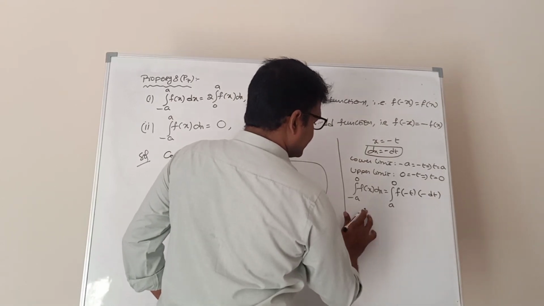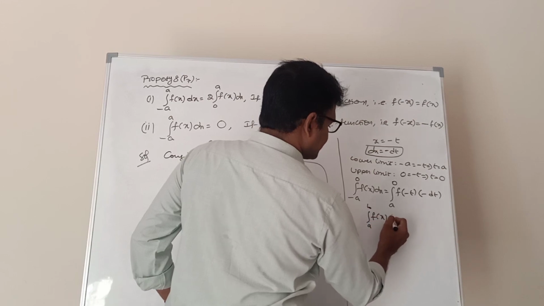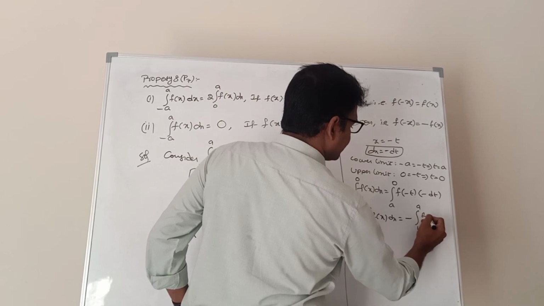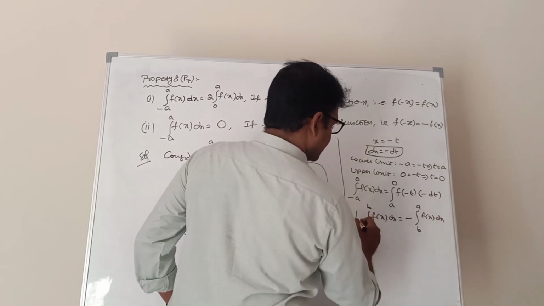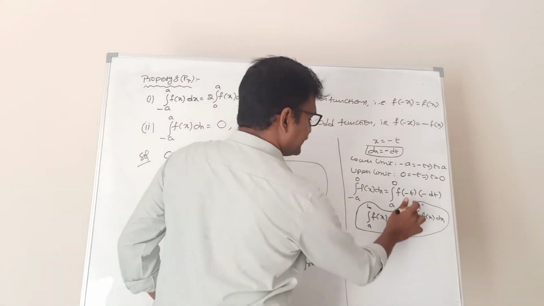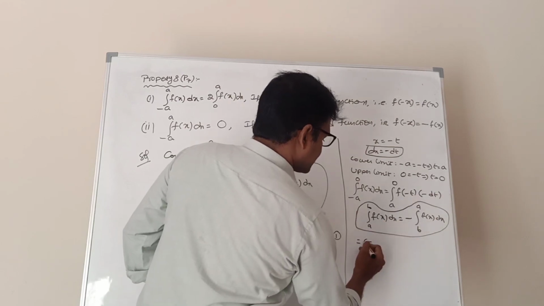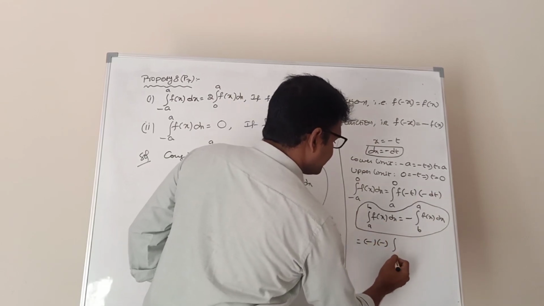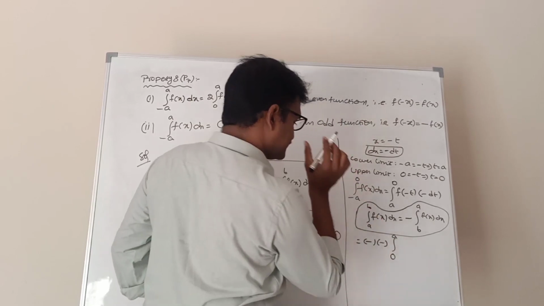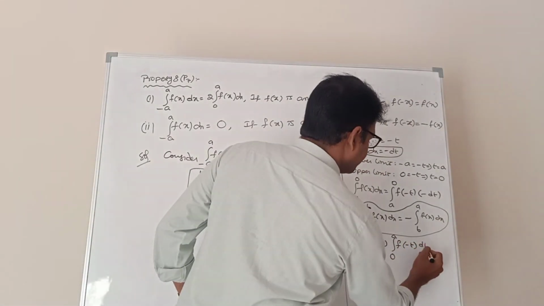We know that according to the second property, the integration of a to b f of x dx is equal to minus of b to a f of x dx. If you interchange the upper limit and lower limit, a to b, b to a, then we will get the opposite sign. Already a minus is there, and one more minus gives us plus, 0 to a f of minus t dt.